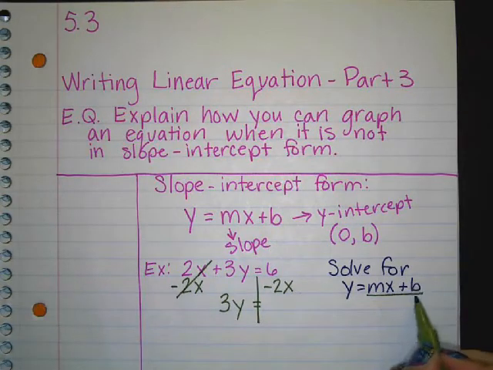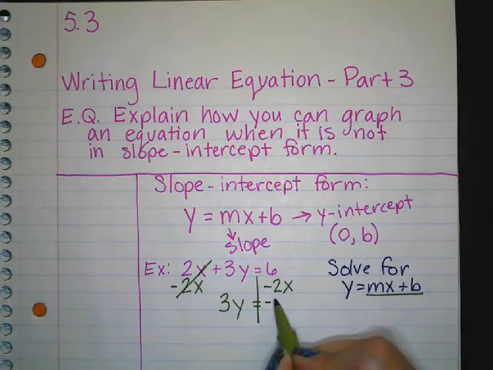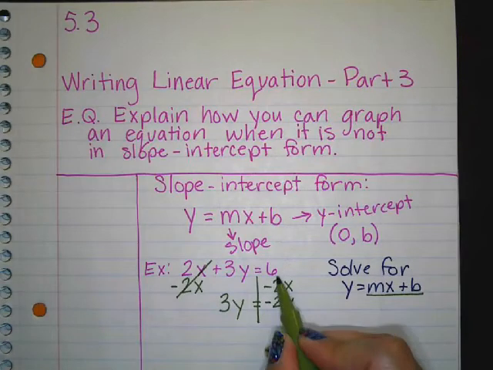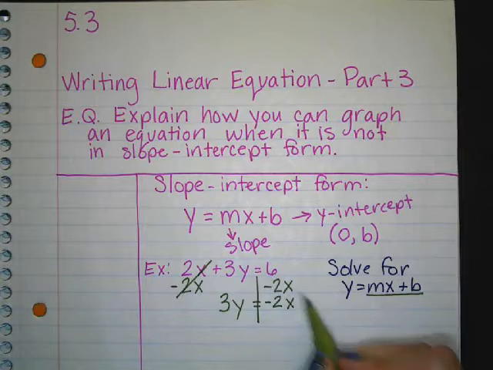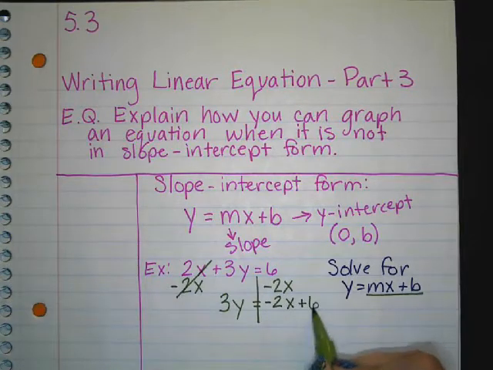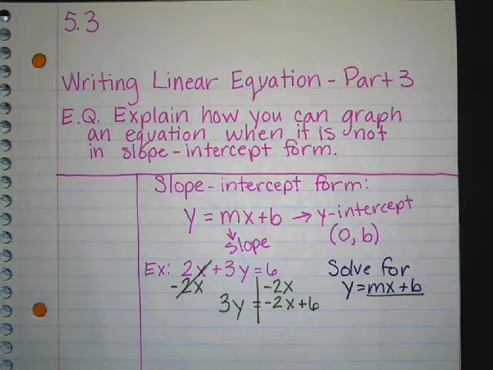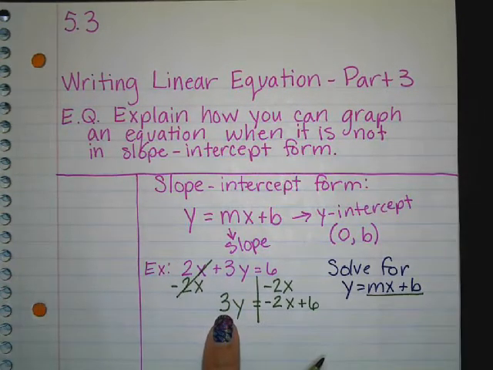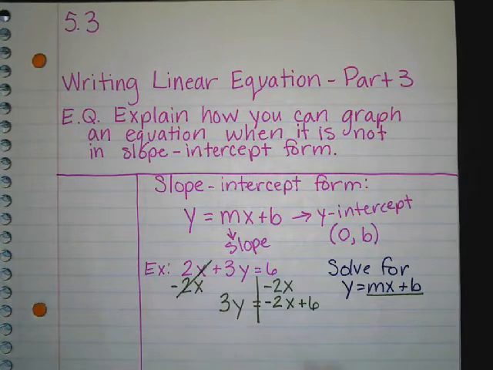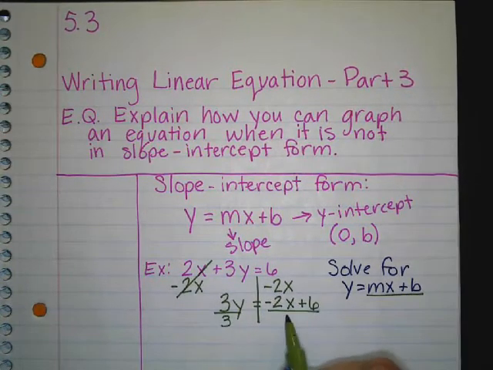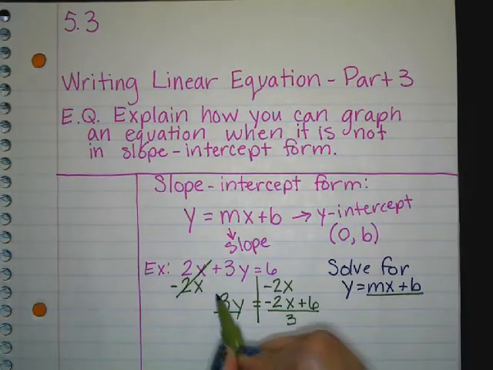So let's put the negative 2x first, and the b value is a positive 6, so we're going to put plus 6. Now the next step would be to get y by itself, to get rid of this 3. This is 3 times y, so to undo the multiplication, we're going to divide everything on both sides by 3.